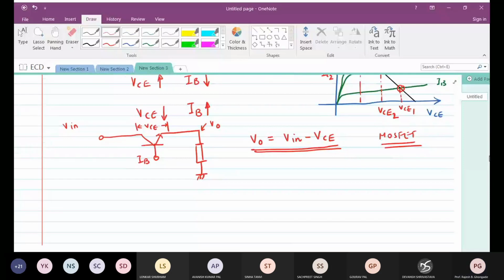So now we have a mechanism wherein I can control the drop across the device. Of course, I can set this IB value. I'll use some mechanism here which will sample the output voltage and correspondingly change the base current. We'll see what kind of mechanism that is.